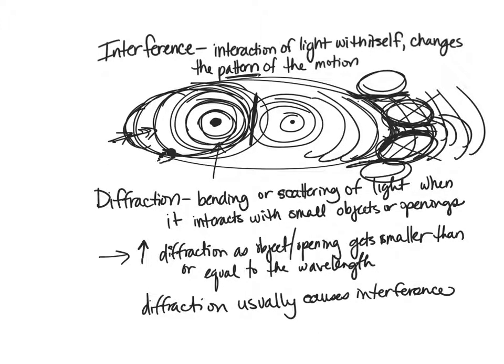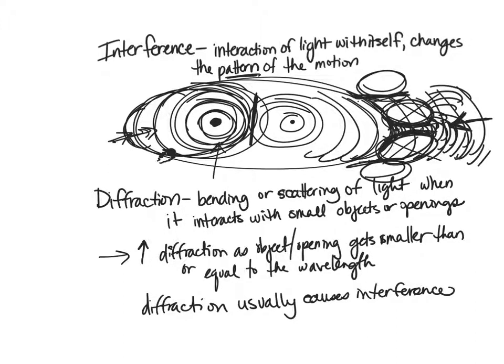So we usually see that when we have this diffraction, this bending of light around an object or around an opening, as we're moving between this, we have some sort of wave moving here, and some sort of wave that ends up moving here. The wave tends to split in certain ways, and then we have an interference effect happening where the waves are interacting with each other.